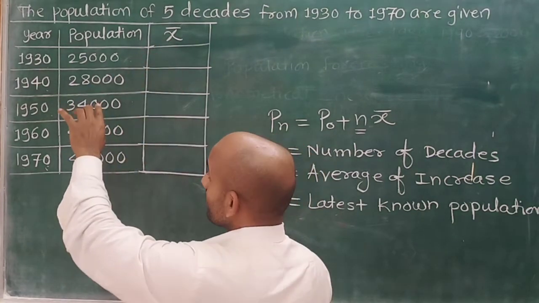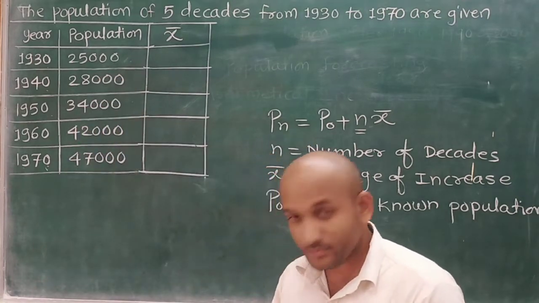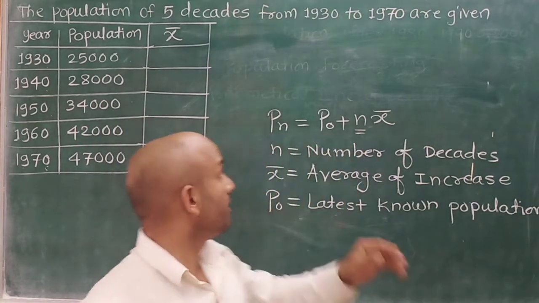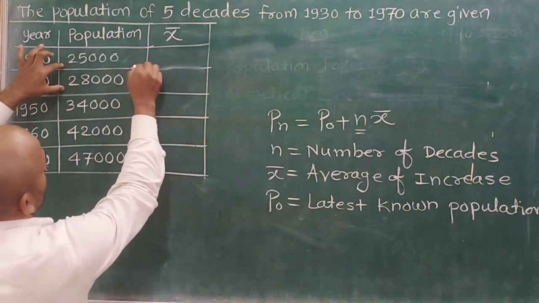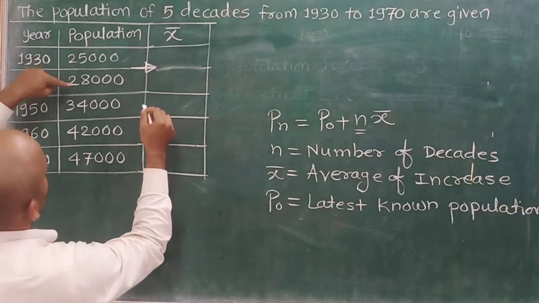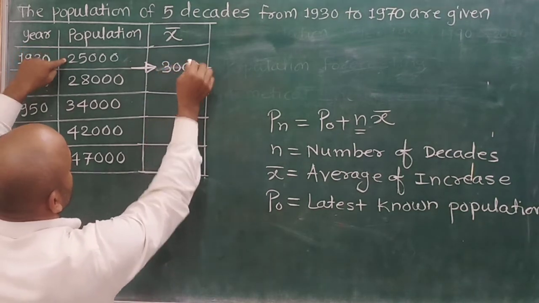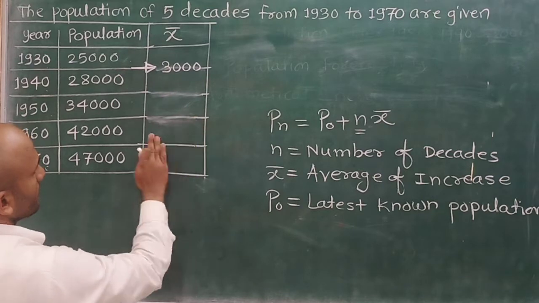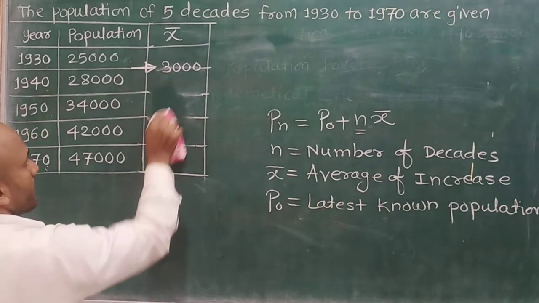The increase will be 28,000 minus 25,000, which is 3,000. This is the increase in population.